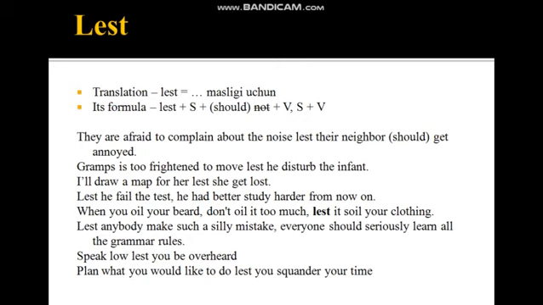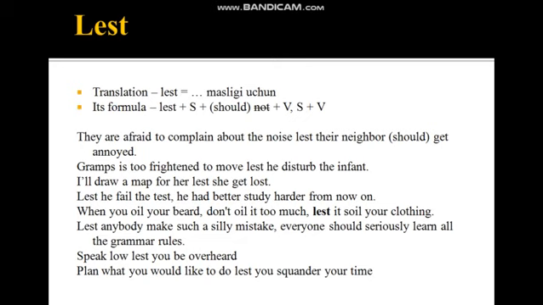Straight after the subject, we've got "should," even if we omit it. So "lest he failed the test," see guys, not "lest he fails the test." Okay, guys, I kind of sound like the one who splits hairs. That's why let's leave the rest of the sentences for you to read and understand.